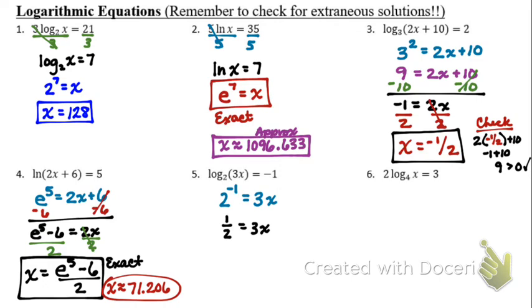Multiply both sides by 1/3. I love that you suggested multiplying by the reciprocal there. 1/2 divided by 3. I'm going to end up with this compound fraction. 1/6 is equal to x.